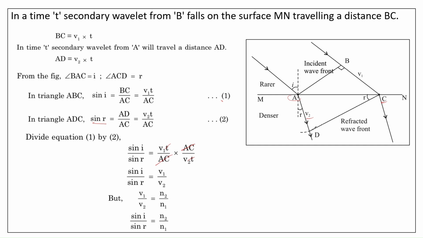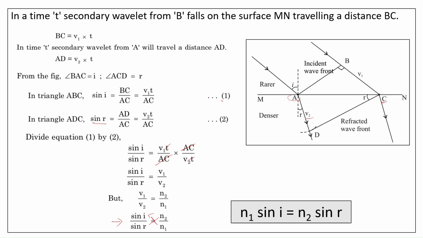But V1 by V2 is equal to N2 by N1. Therefore, sin i by sin r is equal to N2 by N1. On cross multiplying, we get N1 sin i is equal to N2 sin r. This is the expression for Snell's law for a plane wave undergoing refraction using Huygens principle.